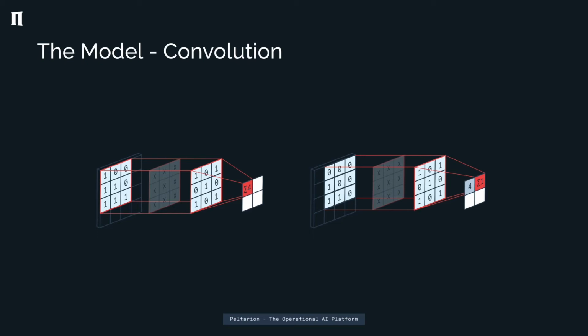It takes what we call a kernel or a filter and goes through the image. Let's say this is a 3x3 square that goes through the image and does calculations on what's in the image, 3x3 each time. And it does this multiple times. The first time it could be looking at just edges.